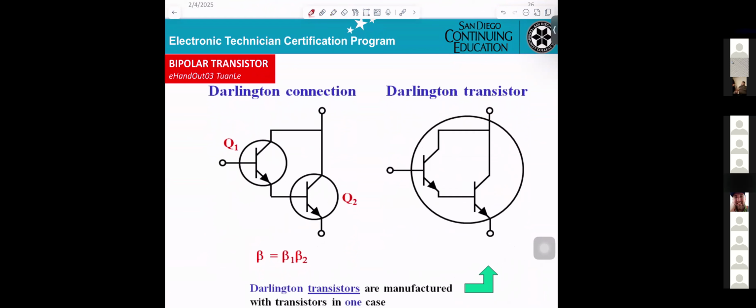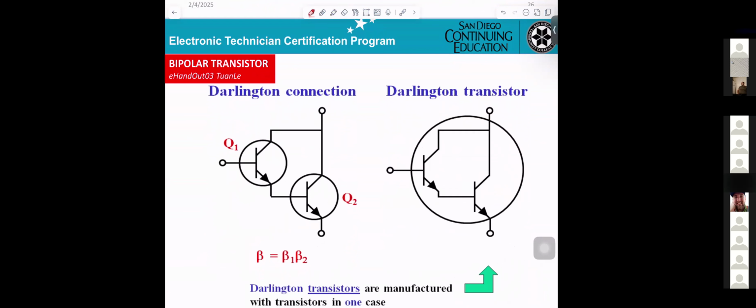You understand, Q1 amplifies with beta 1, and Q2 gets beta 2.